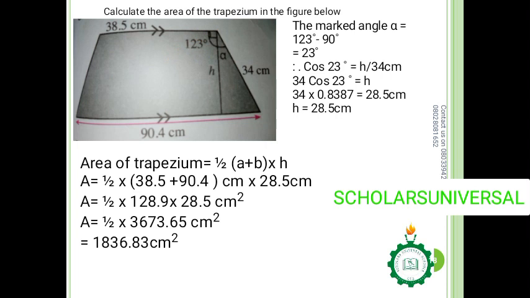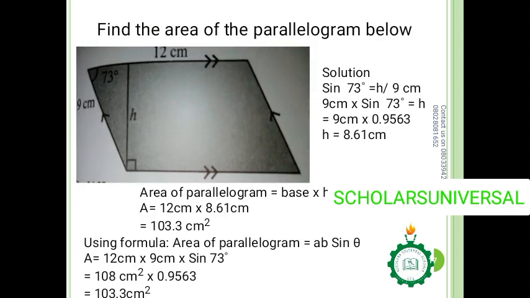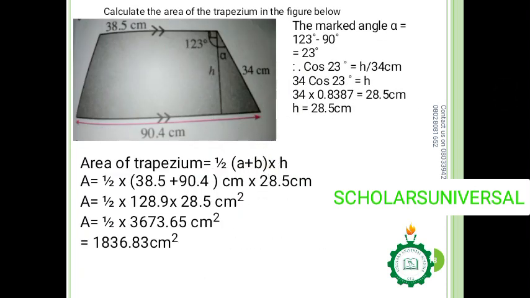What is the value of this alpha? That means 90 should be subtracted from 123. Are you with me? You need to subtract that 90 from 123, and the remaining value gives you this small angle. So that is what we have here, 23 degree. When you subtract 90 from 123, we have 23 degree.